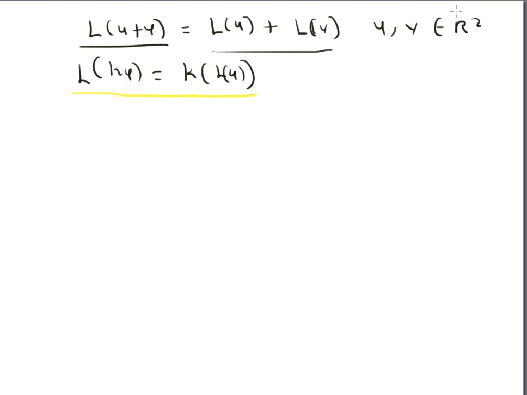So therefore, we also have to state that for the K and U. So U is still in two dimensions, and K, the constant, is in one dimension. The square comes over here to symbolize that U is in two dimensions. This is actually very important.